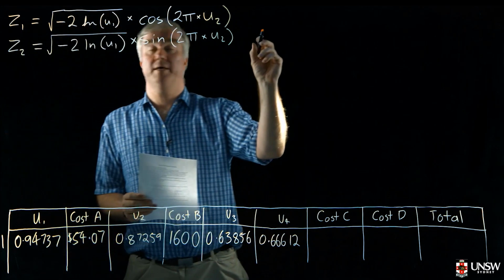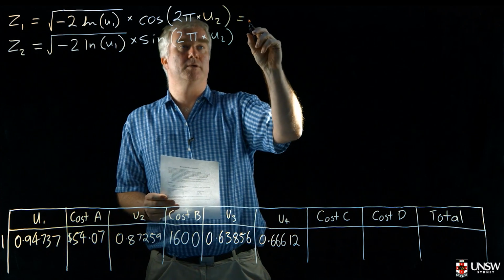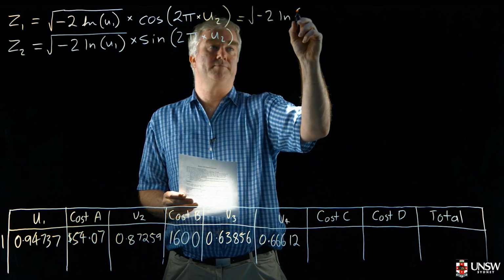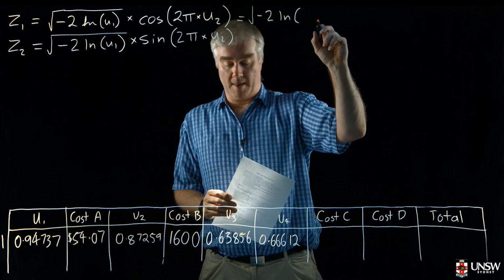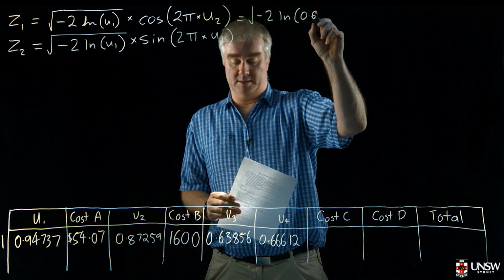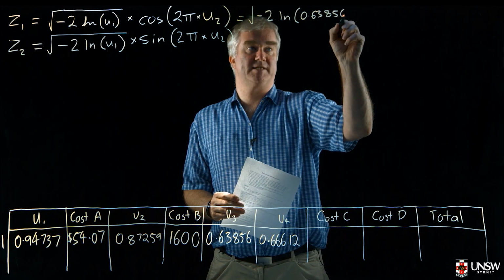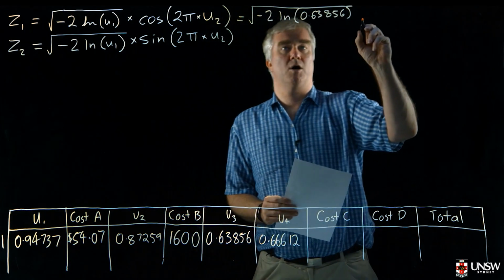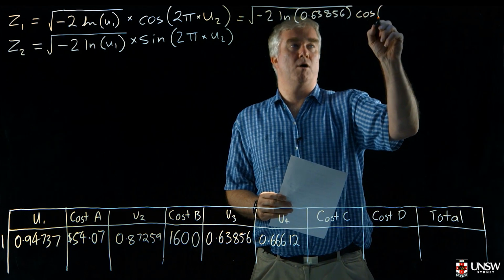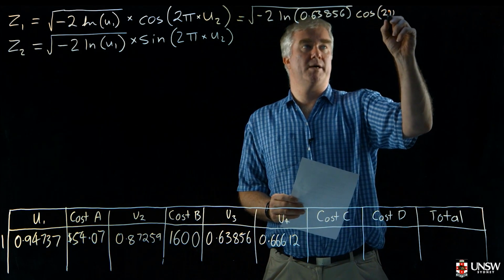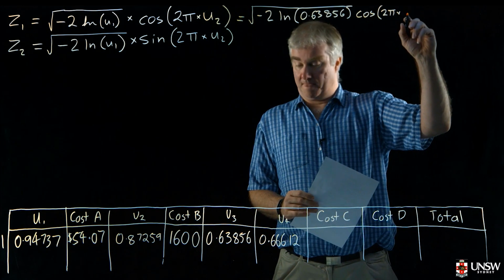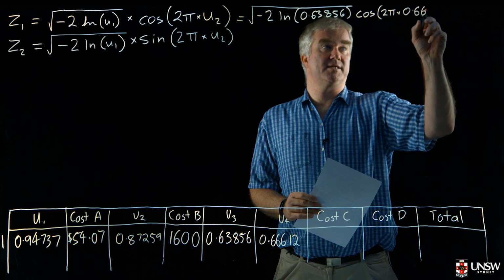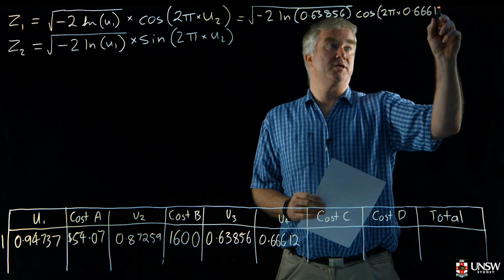So Z1 is equal to the square root of minus 2 ln 0.63856 times cos of 2 pi times 0.66612.